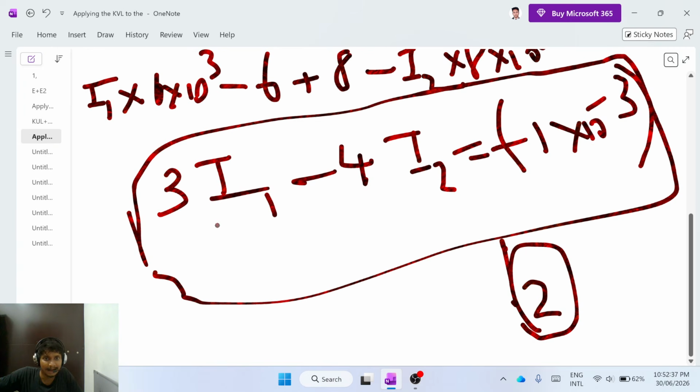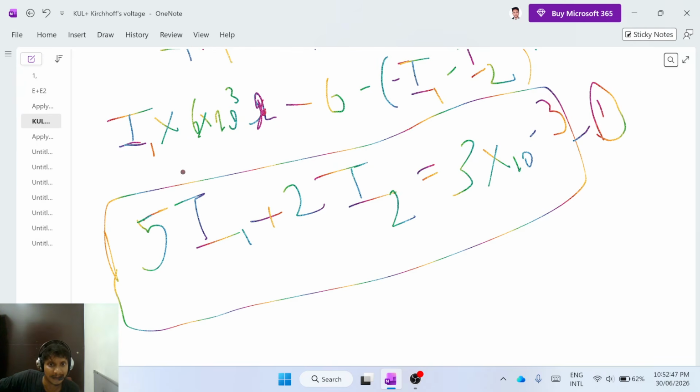Here, how many unknown variables are there in every equation? Only I1 and I2. In the first equation also, I1 and I2. That is the reason we first found the relationship between I1, I2 and I3.